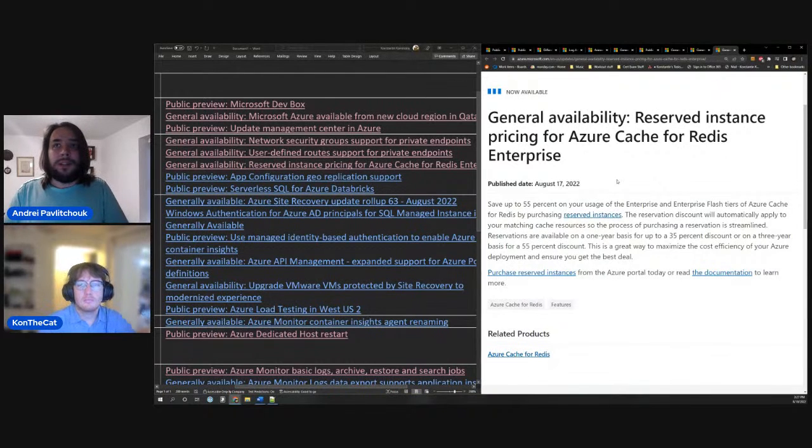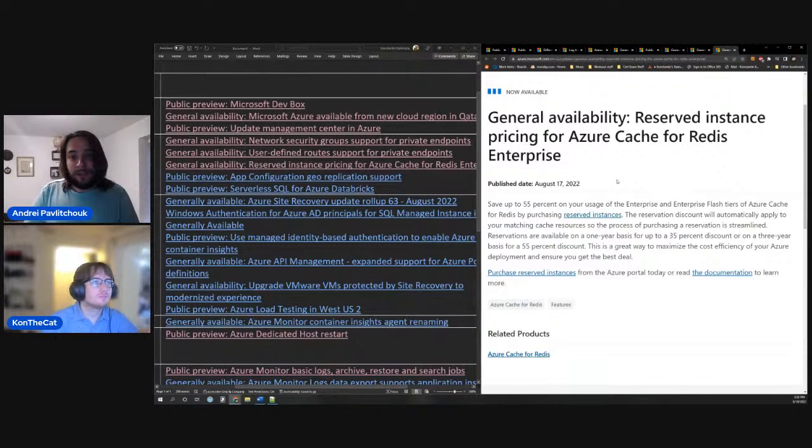I've seen a few organizations that don't even enable reserved instances for their VMs, and I'm thinking, you could save like £200,000 or even £1,000,000 just by enabling reserved instances. But for some reason, they don't do it. This is a very good example of what organizations should enable. So yeah, it's a good update.